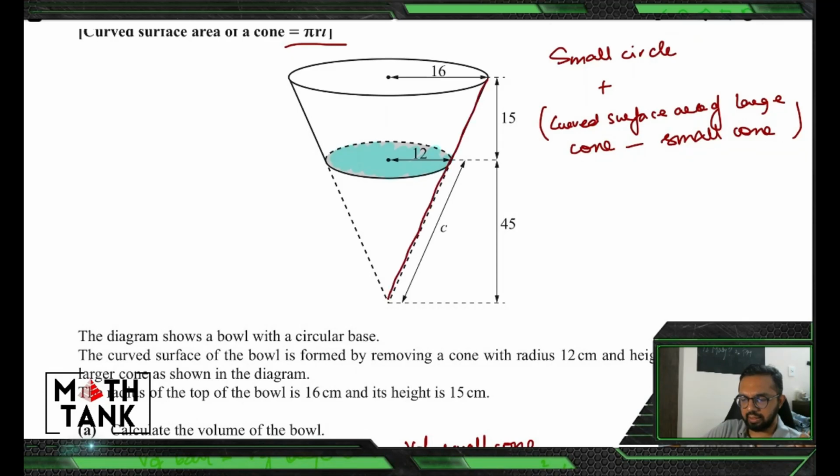What is the slant height? I don't have the entire slant height. I just have the smaller slant height, so I'll have to find out the entire slant height. I'm going to say that L squared equals 16 squared plus 60 squared.